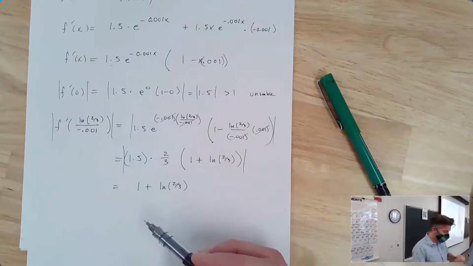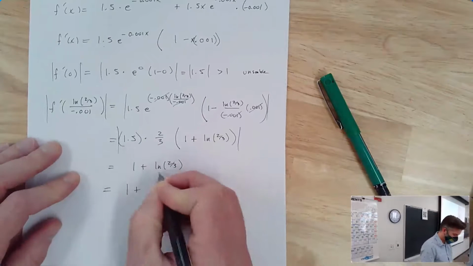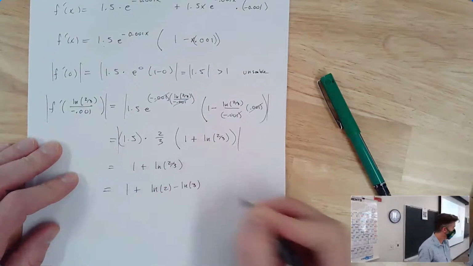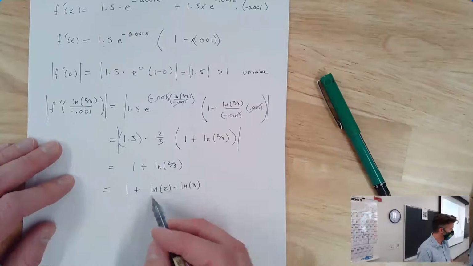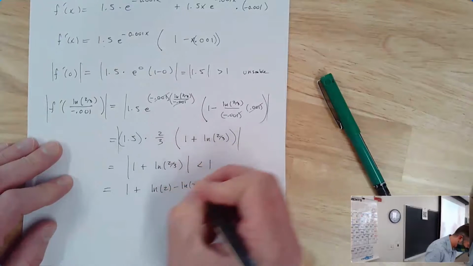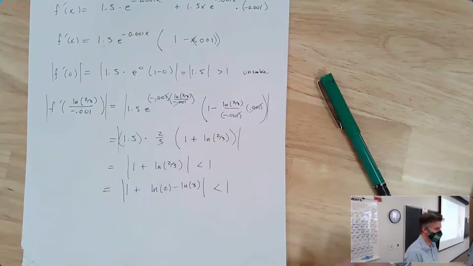If it makes it easier, use a log rule. The natural log of 2/3 is the natural log of 2 minus the natural log of 3. Oh, that's for sure going to be negative. And 1 plus a negative number is less than 1. So this is actually, in fact, less than 1, which is kind of cool.